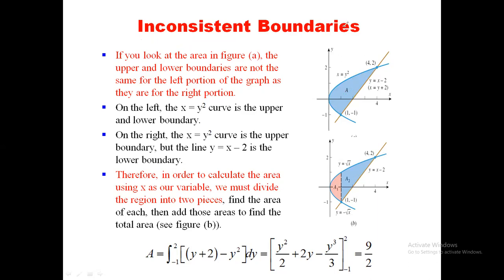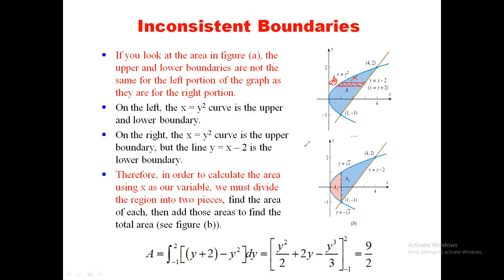Now let's see if we're going to use a horizontal differential element. So this time I will draw a horizontal differential element. Okay. Now this time it would be dy for its thickness and x for its length. Right? dy for its thickness and x for its length.